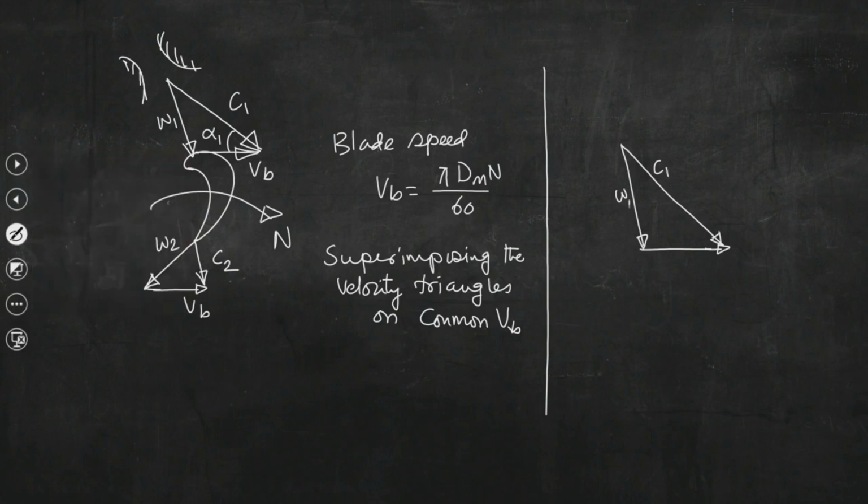This is C1, this is W1 and this is Vb, and this angle is alpha 1, right.